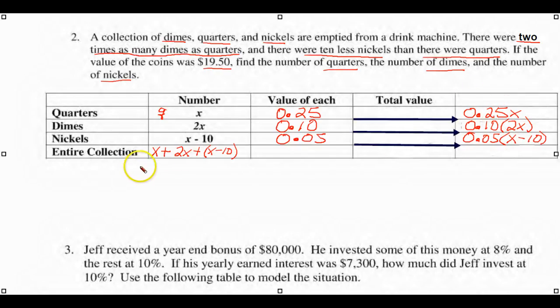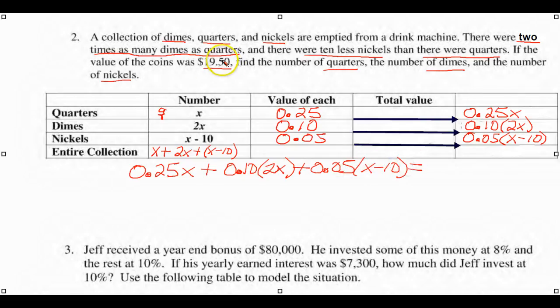Well, here's our equation. 0.25x plus 0.10 times 2x plus 0.05 times (x minus 10), and we say that equals our total, 19.50.